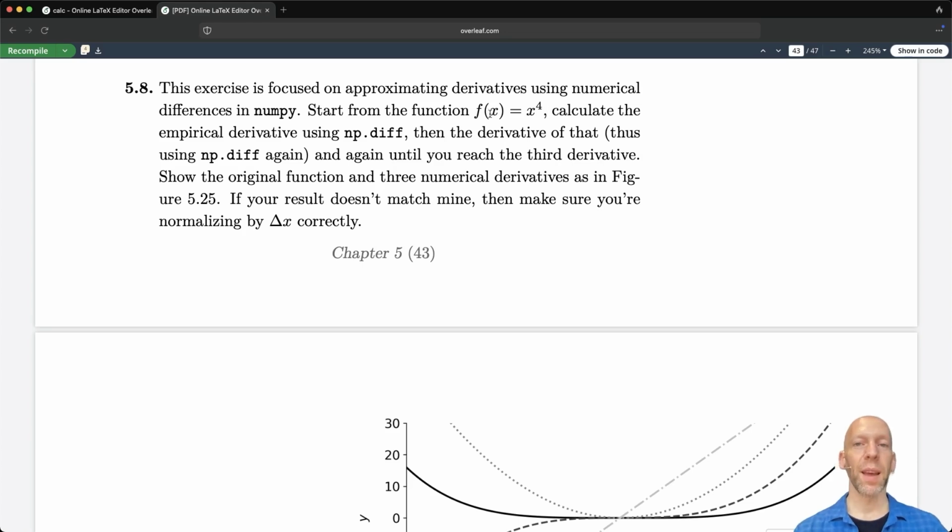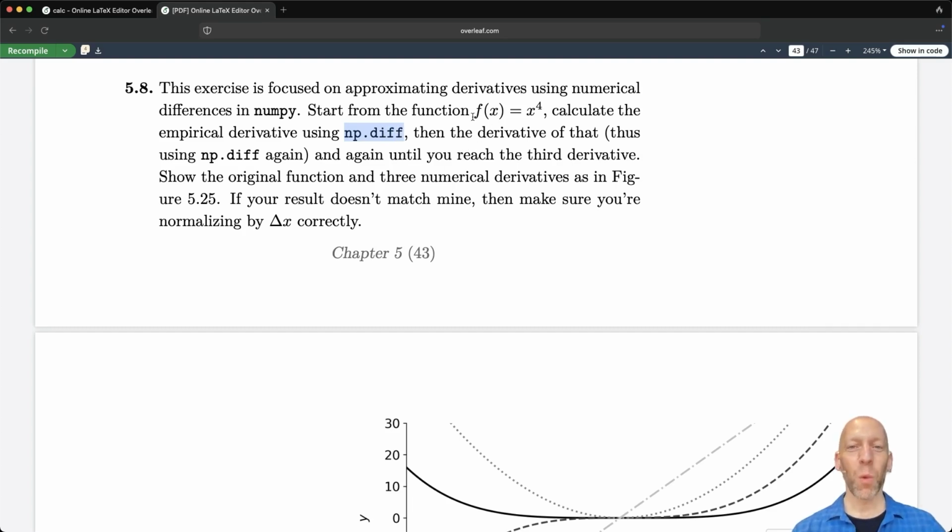not symbolic, exact differentiation. Okay, so compute the empirical derivative using numpy.diff of your function x to the power of 4. And then you want to calculate the second derivative by taking the first derivative of the derivative, right? So I hope that makes sense.